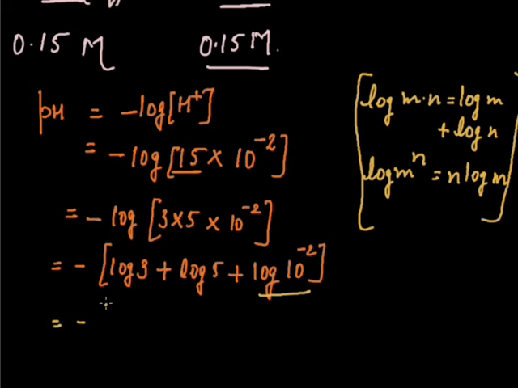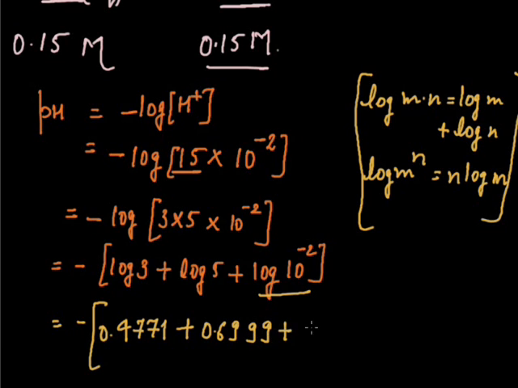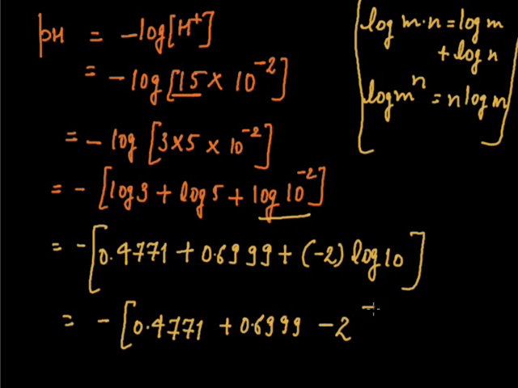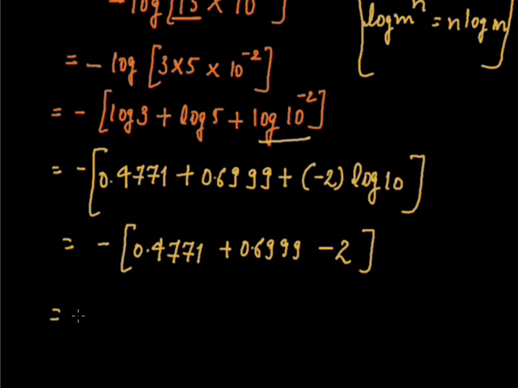The value of log 3 is 0.4771. The value of log 5 is 0.6990. And again, plus minus 2 log 10. We'll write 0.4771 plus 0.699 minus 2, because log 10 is 1.